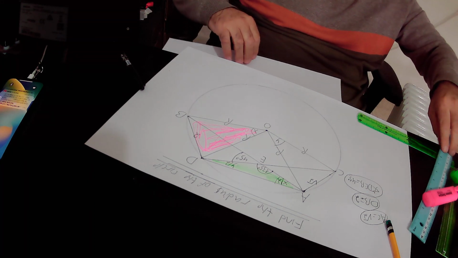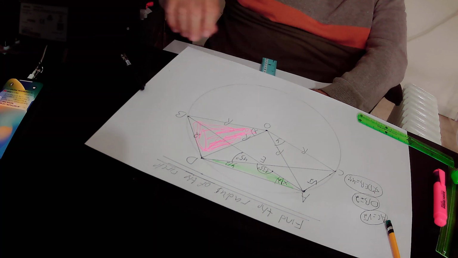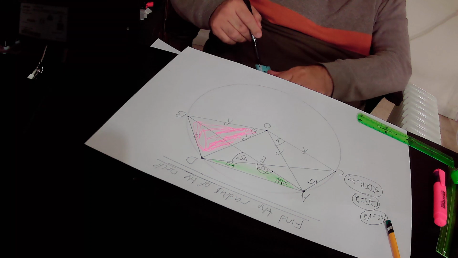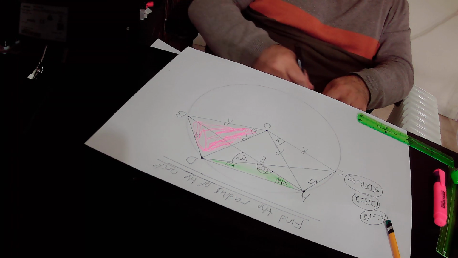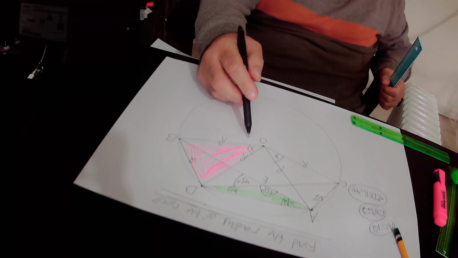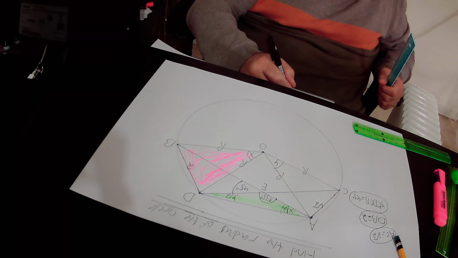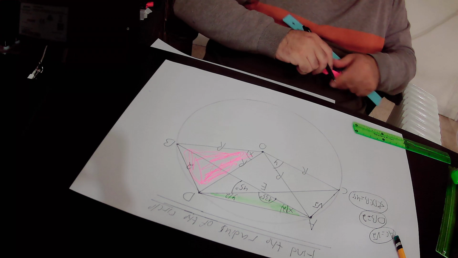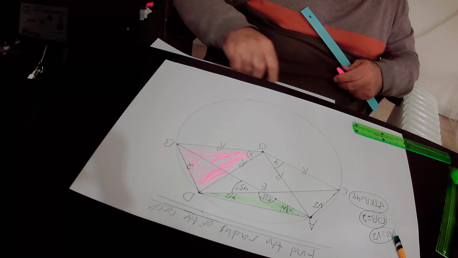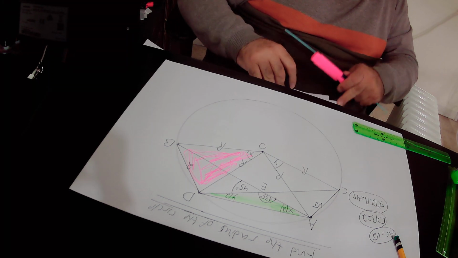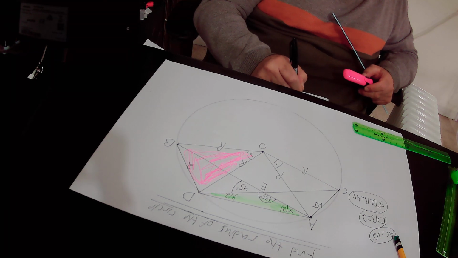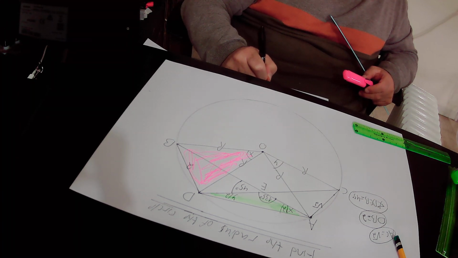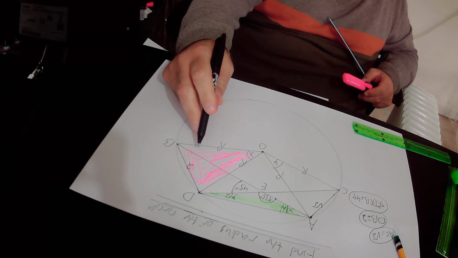According to the law of cosines, cosine x equals r squared plus r squared minus 2 squared. 2 squared is 4, so it is minus 4.